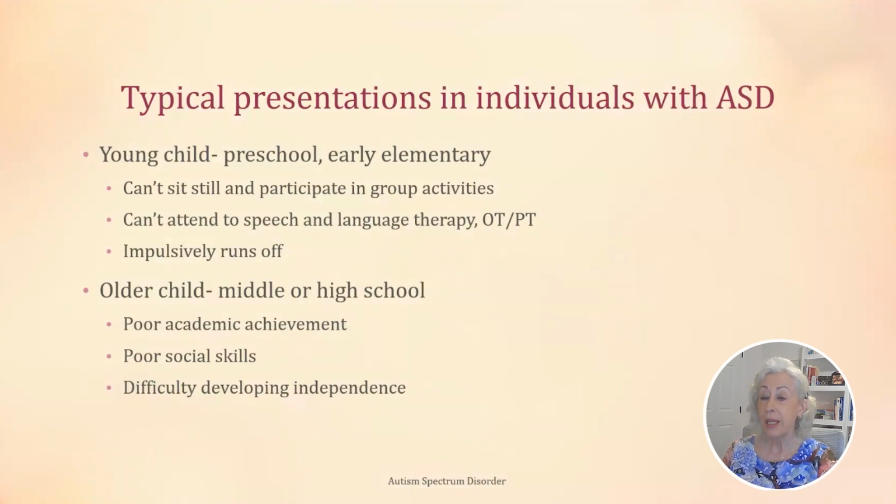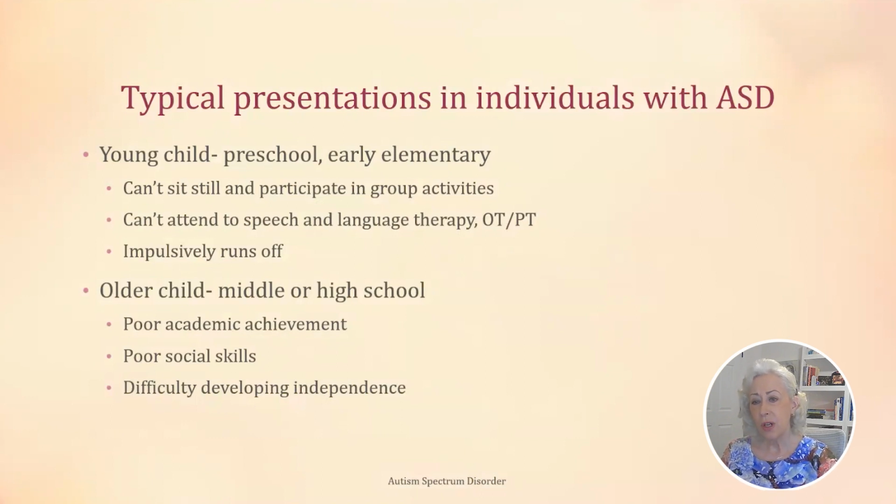These children can't pay attention to their speech and language therapy or their OT and PT, which obviously, again, has implications for an individual with developmental problems. These young children can also compulsively run off, which can certainly be dangerous and very scary. This is a child that bolts out of the schoolyard when the teacher turns her back for just a few seconds.